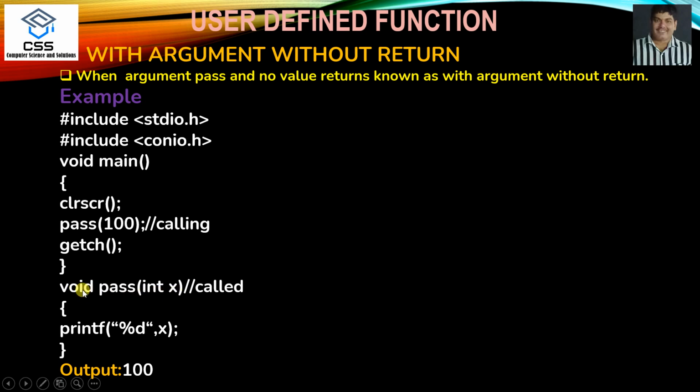The return type is void because no value will return from the called block to the calling block. The value is received, any calculation is made, and we display it. That is the concept of with argument and without return. We will run it. Move to your editor.